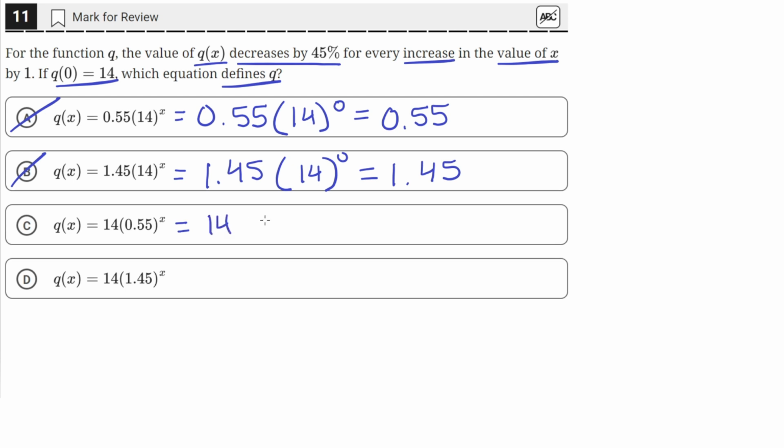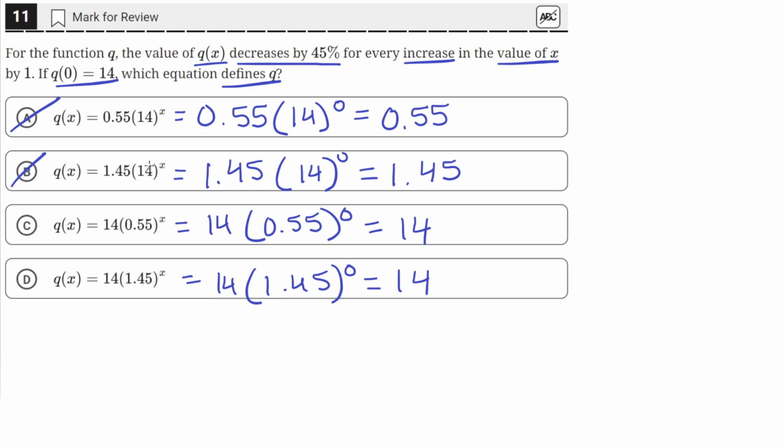We'll have 14 times 0.55 raised to the 0th power, which is just equal to 14. So that's good, because it satisfies the initial condition. And then answer choice D, 14 times 1.45 raised to the 0th power, is also equal to 14. Okay, so C and D both satisfy the condition that q of 0 equals 14.